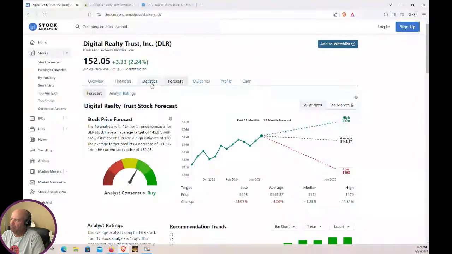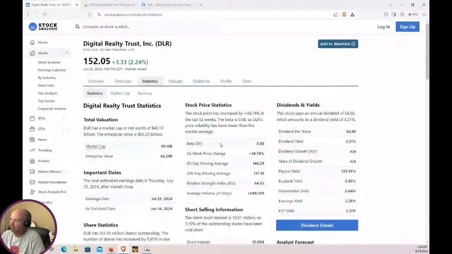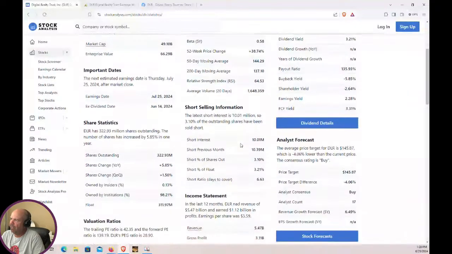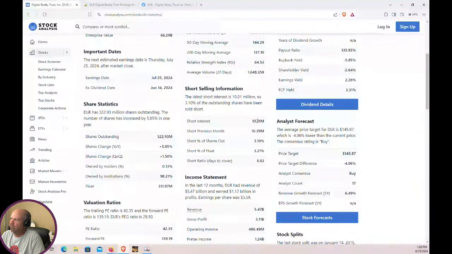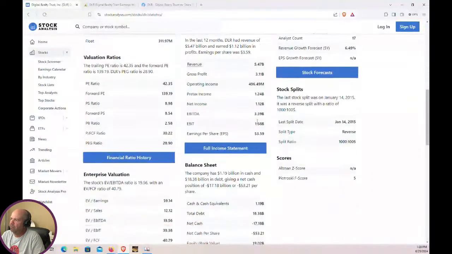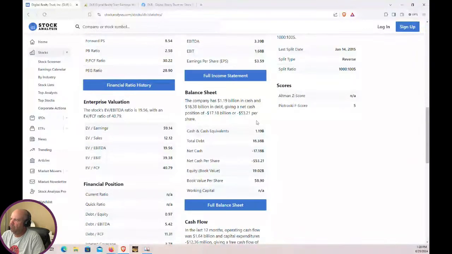So let's look at the statistics. 5 years, 0.58. Let's see, DLR has revenue of $5.47 billion and earnings of 1.12 in profits. Full statement: $1 billion in cash, $18 billion in debt.